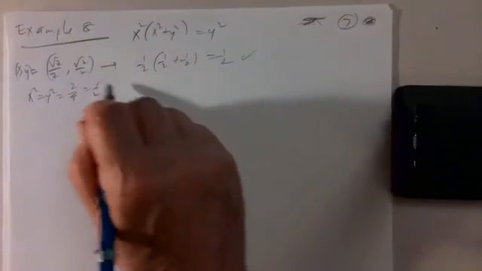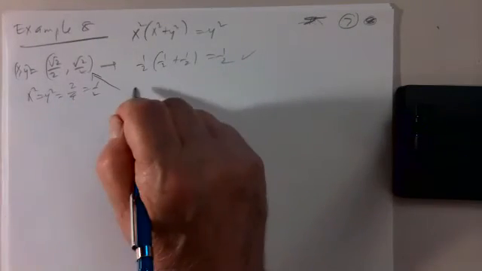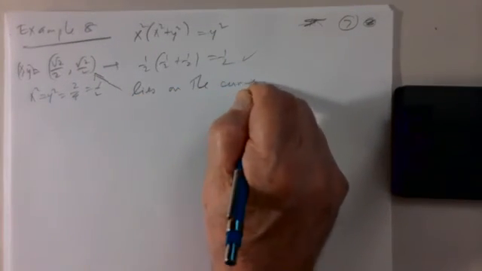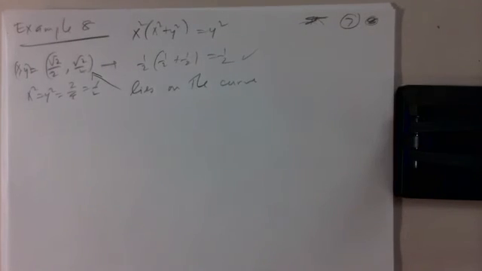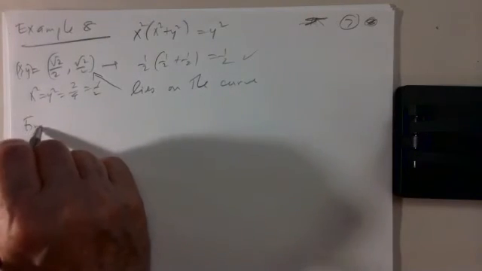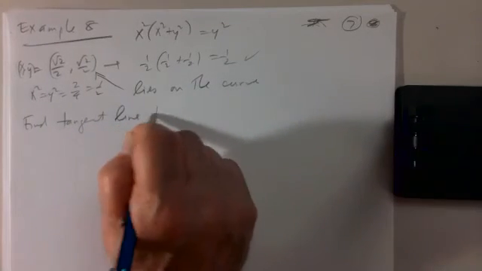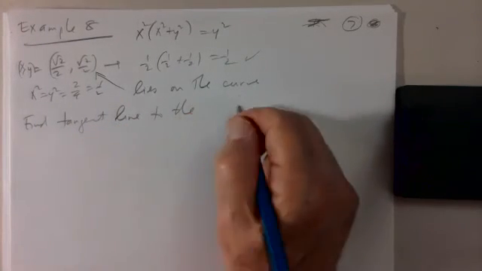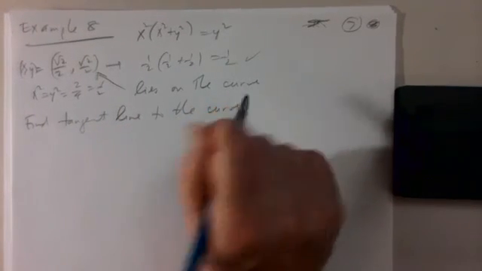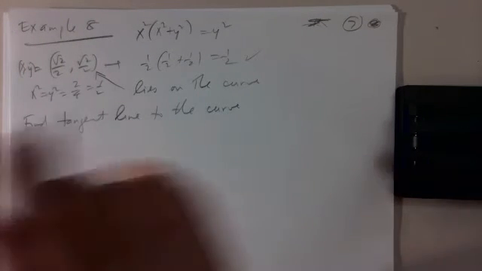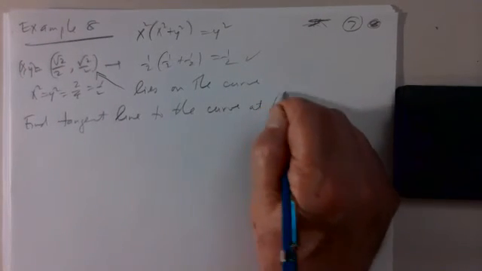So this point lies on the curve. And we want to find the tangent line to the curve at this point.